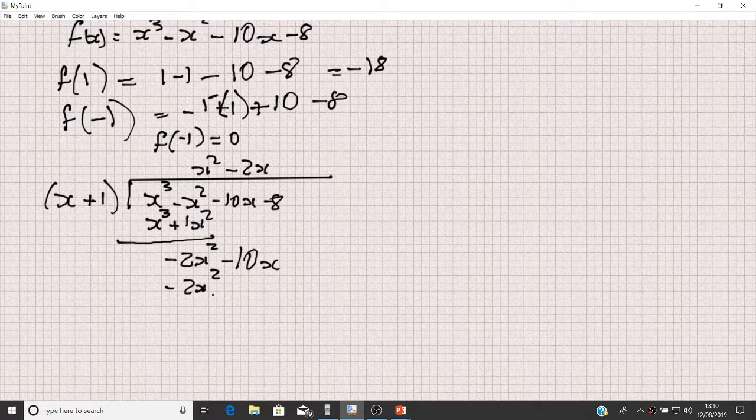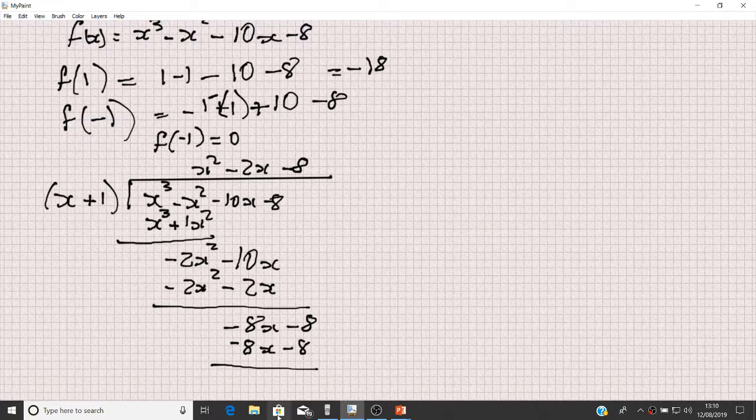And we have negative 8x minus 8, minus 8x minus 8, and that indeed gives us our final remainder of 0.